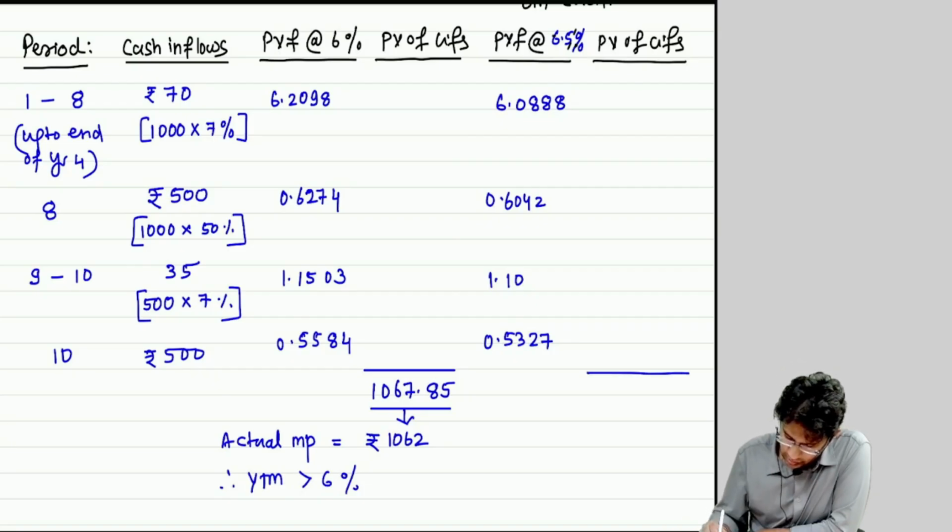Total it up, and pray to God that this goes below 1062. It went to 1033.17.